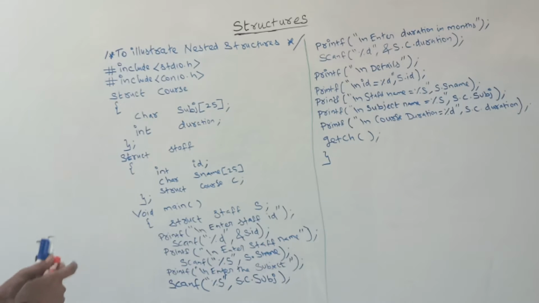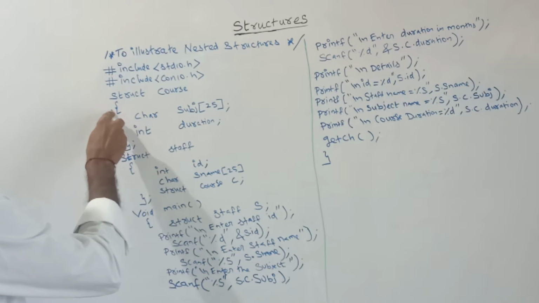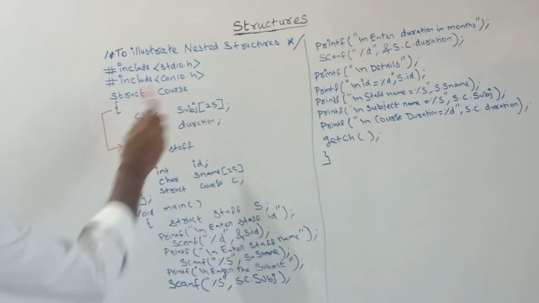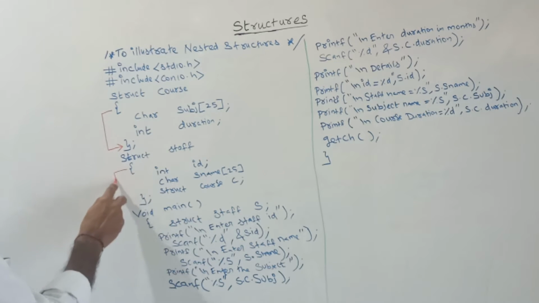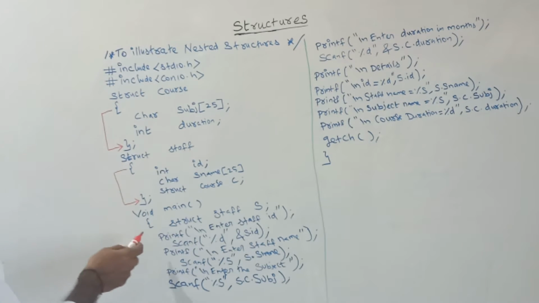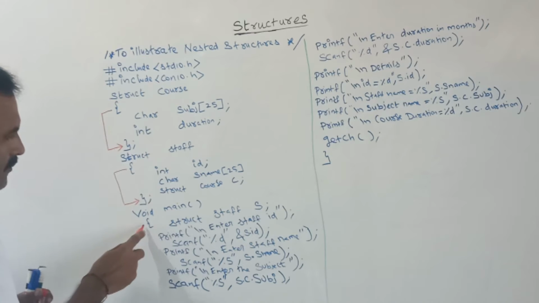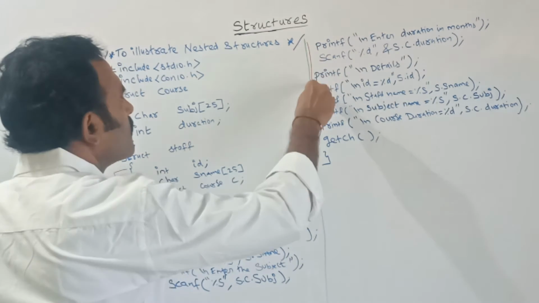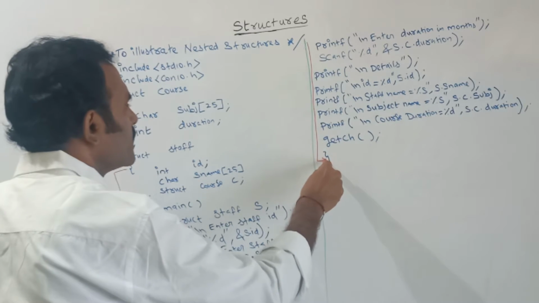See here, this is the first structure. First structure name is course. Second structure name is staff. Here void main. I am opening this brace here and closing the brace here.